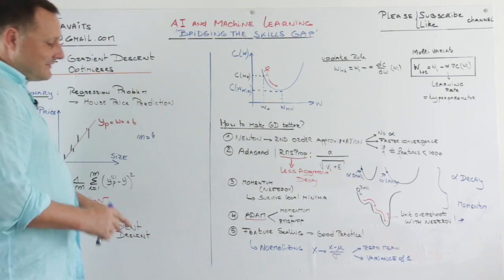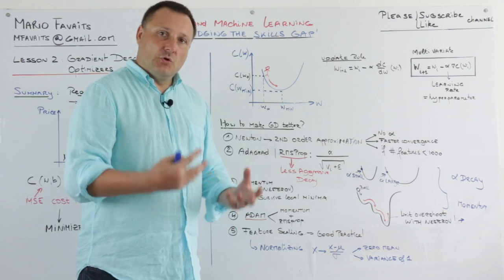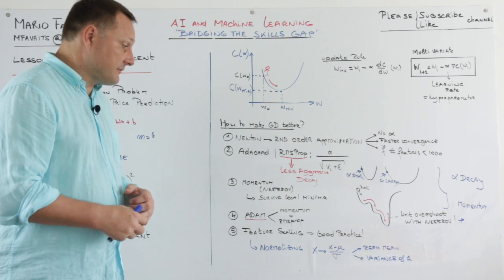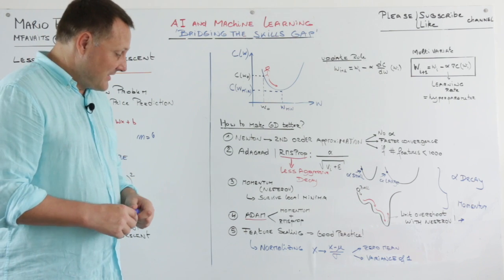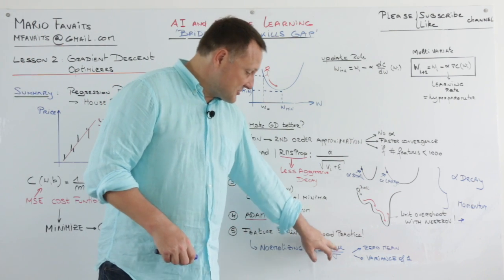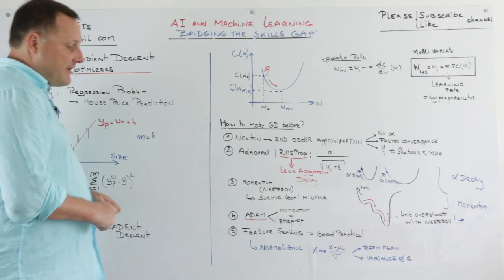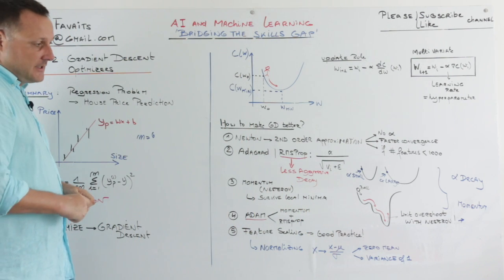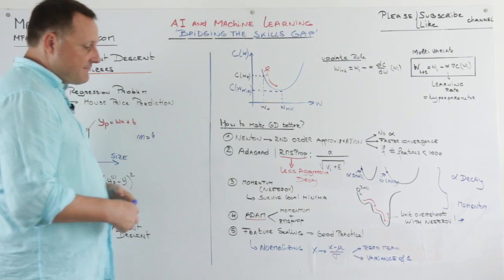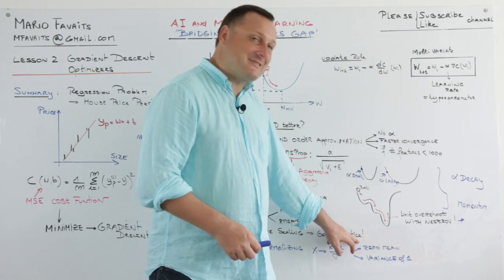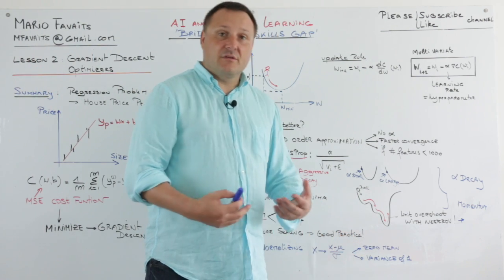So basically what you do, you normalize. It will save you a lot of time, it will converge faster. The way to normalize it, you subtract the mean and you divide by the standard deviation. That's how you do it. So you have basically data centered around 0 and with a variance of 1.